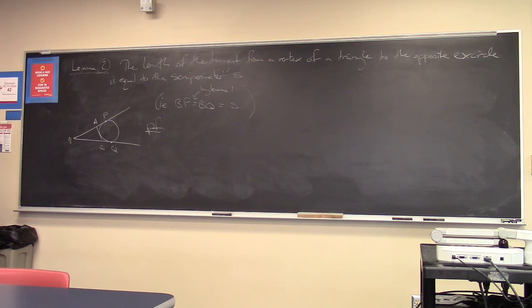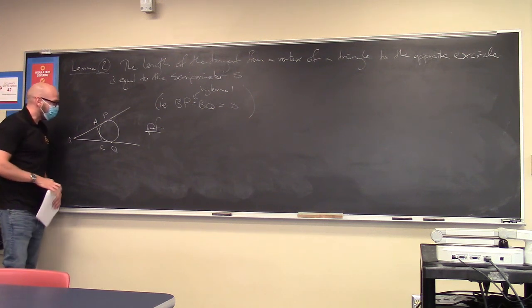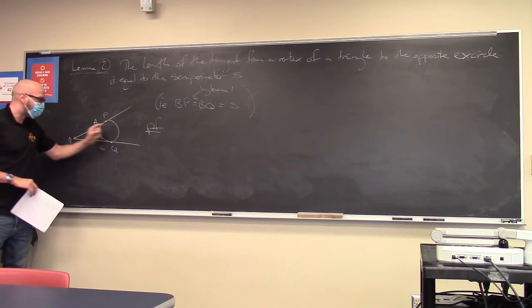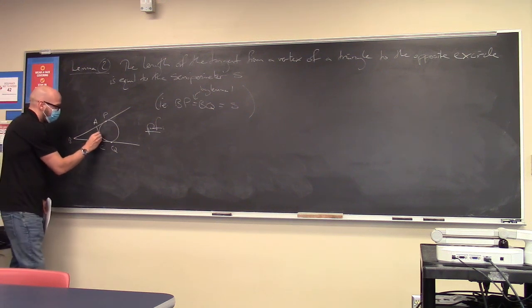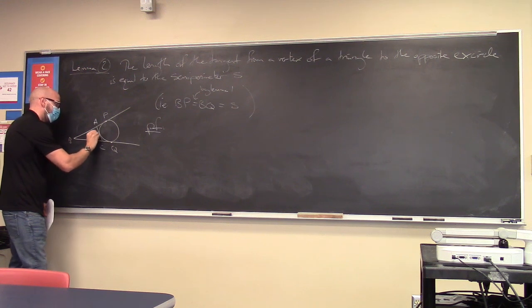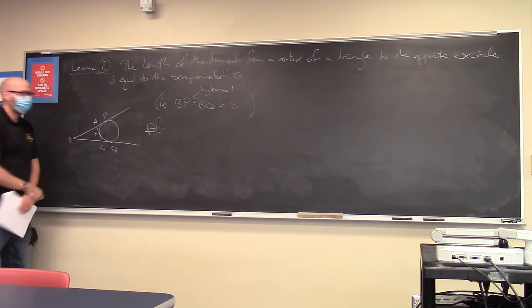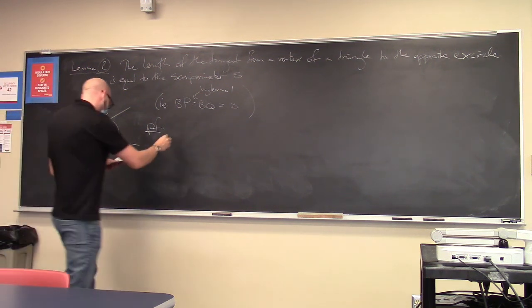All right, so the proof, we're not going to sketch this, we'll write down all the details, so I should tell you exactly where P and Q are. I'm going to call this point Y, the point of tangency of the excircle with AC.